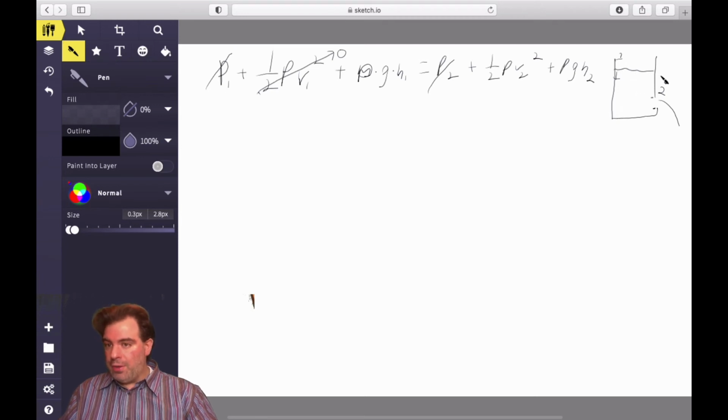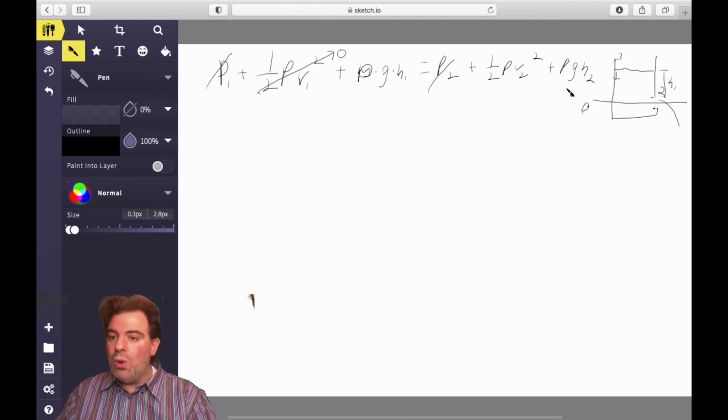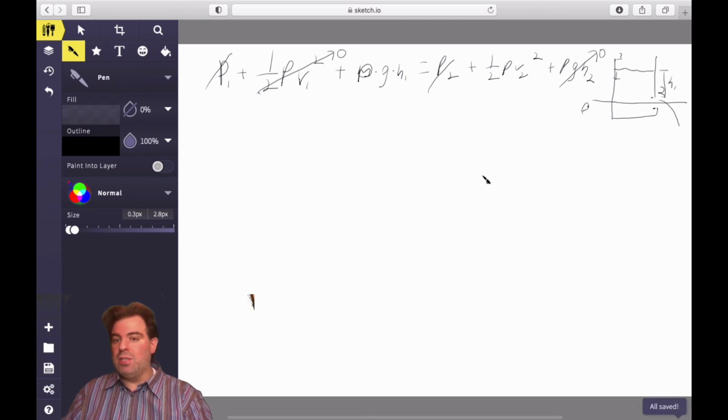Over here we have the fluid height of 1, and over here we have the fluid height of 2. So we can take it in reference of this height right here. So we say that the second hole has a height of 0, and the first hole has a certain height which we call h1. Because we consider this height to be 0, we can also cancel this term out.